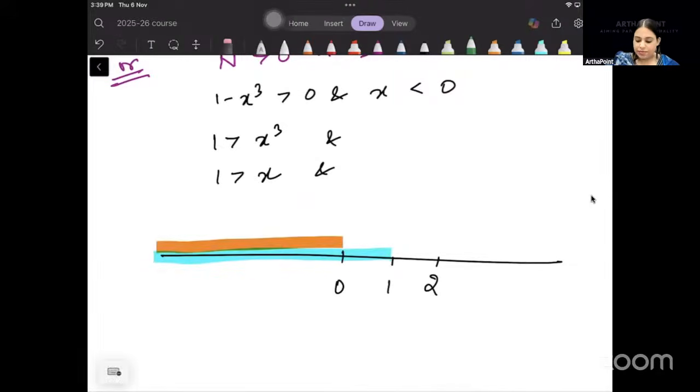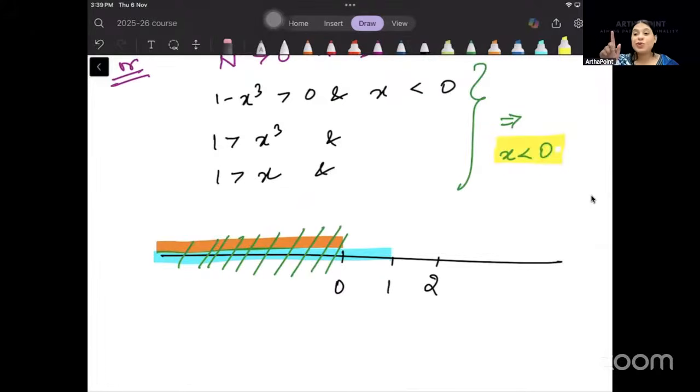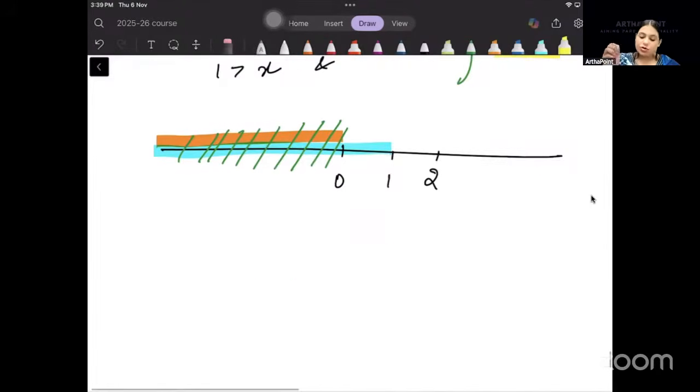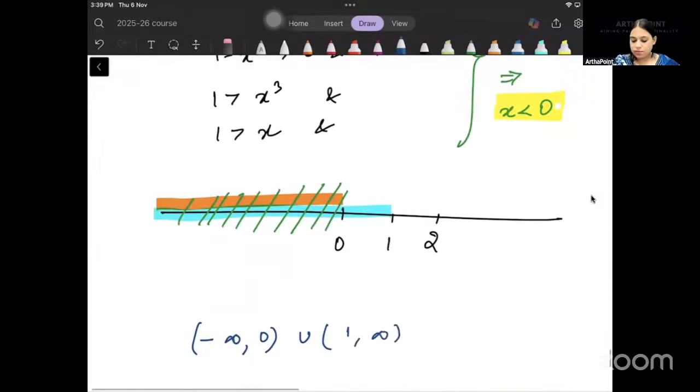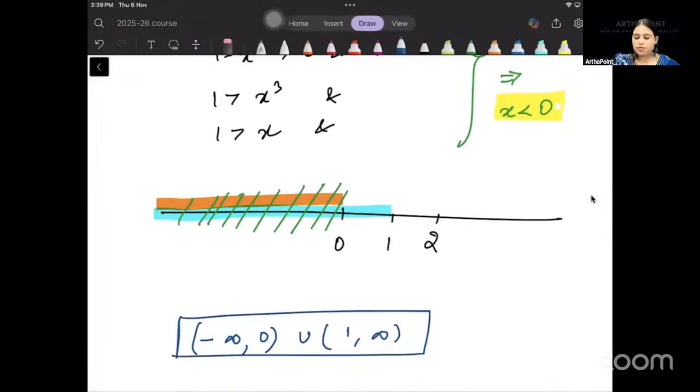If I club them, this gives me x less than 0, which I already told you. Any negative number. So we get that x can be less than 0 or x can be more than 1. So this becomes my solution. Is it clear? Is this clear to all of you?